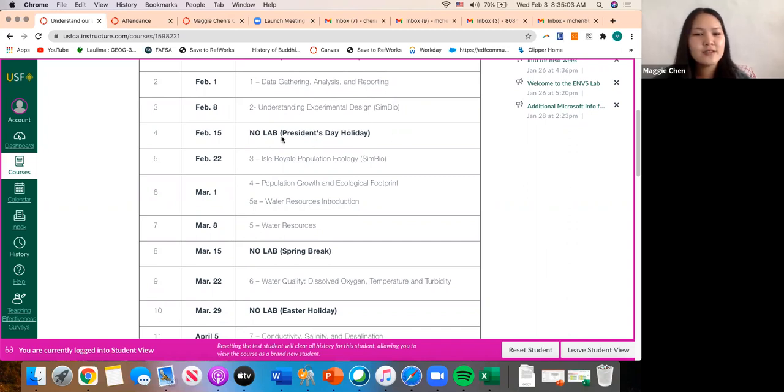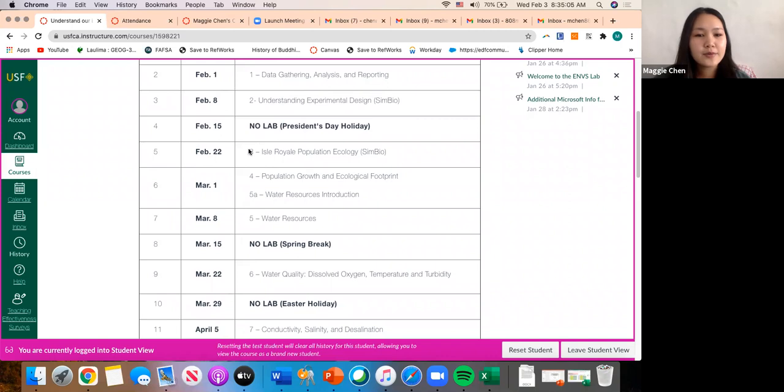for that week. So then our lab 3 is going to be on the week of February 22, where we're going over Isle Royale population ecology using the same computer program, SimBio, where we're looking at populations between wolves and moose and how predator-prey relationships affect each other.